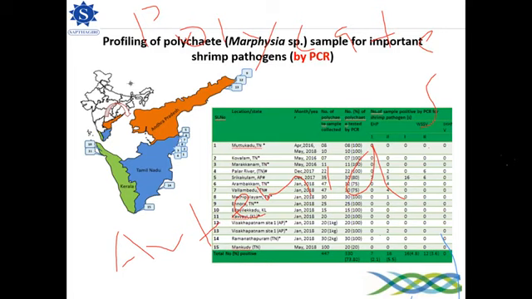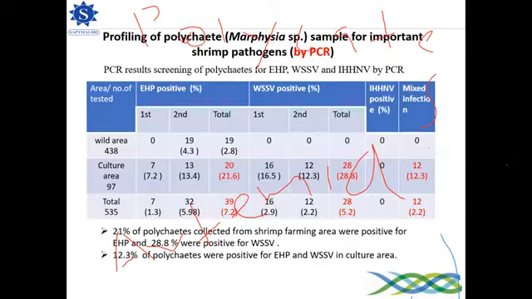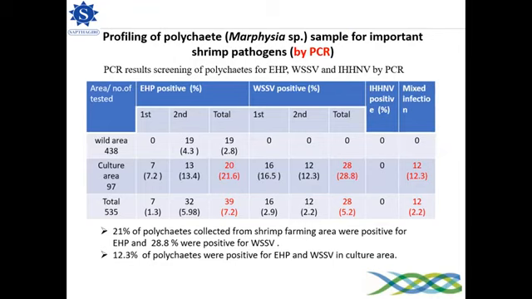In this study, almost 7.2% of samples were positive for EHP, whereas WSSV was positive in 5.2%, and IHHNV was completely negative, with mixed infection in only 2.2%.